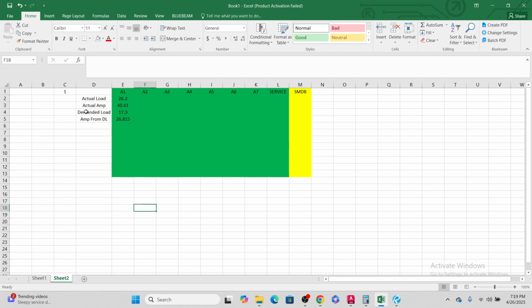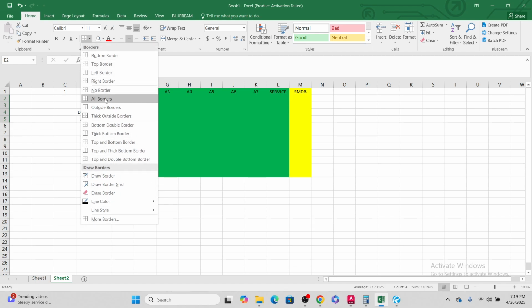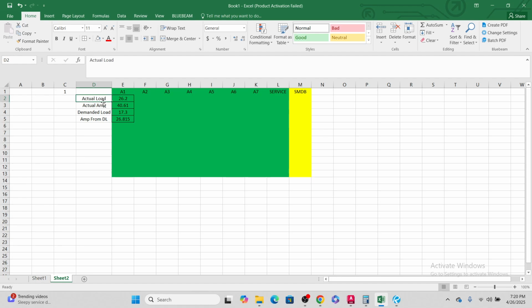Okay, so here you will see, let's make a box. Actual load, we have 26.2. Actual amp from the actual load, 40.61. Demanded load, 17.3. Amp from demanded load, 26.3. So there are two amps here. When we are selecting a breaker, I will prefer the actual amp. Why?